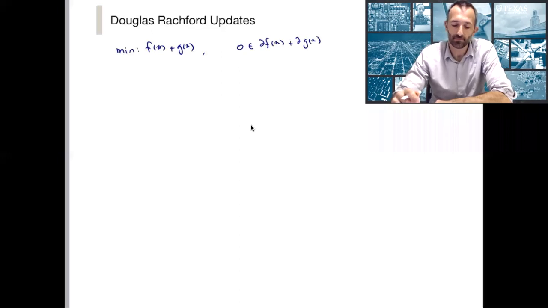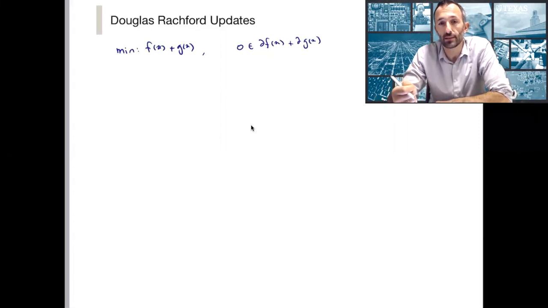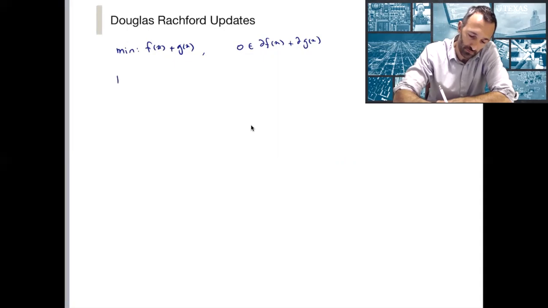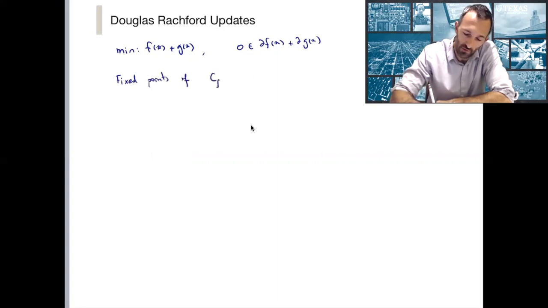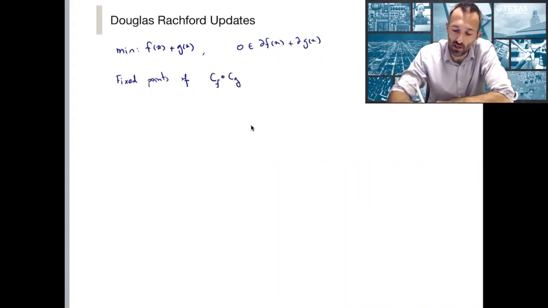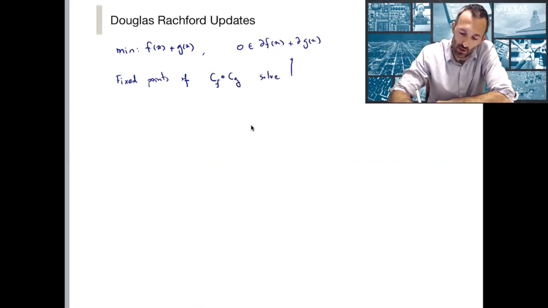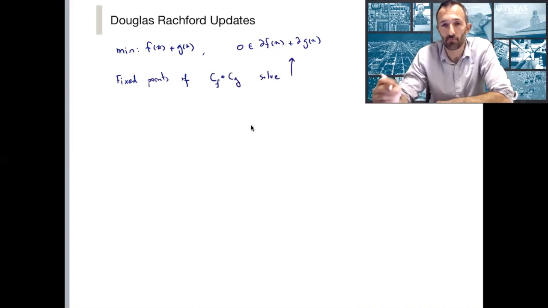Douglas-Rachford is basically the simple idea of realizing that the fixed points of the composition of the Cayley operator of f and the Cayley operator of g solve this equation.